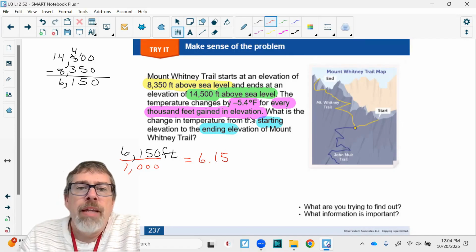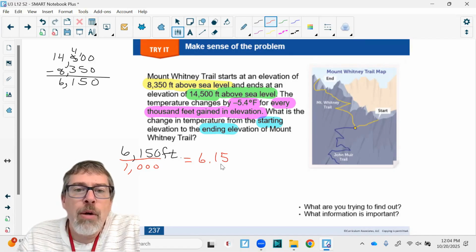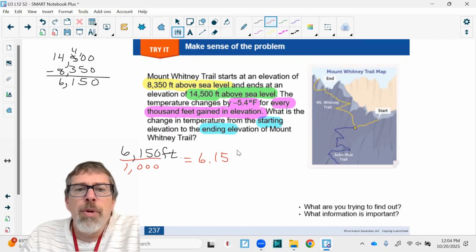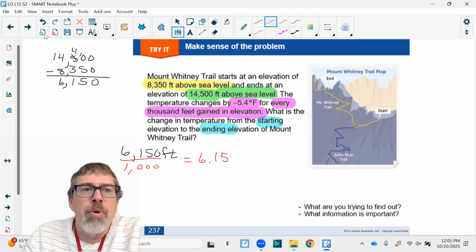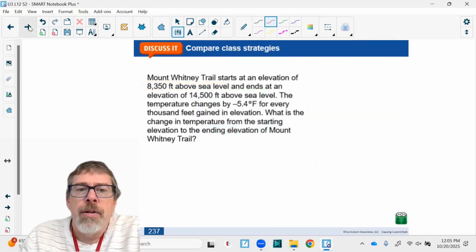Okay, that means that is how many thousands the trail is from start to end in elevation change. For every 1,000 feet, it changes by negative 5.4 degrees. Okay, so there's a couple ways we can look at this. I'm going to stop at this point right here, and we're going to take a look.